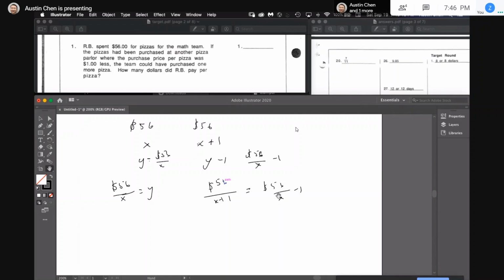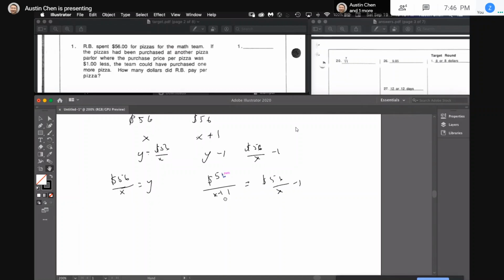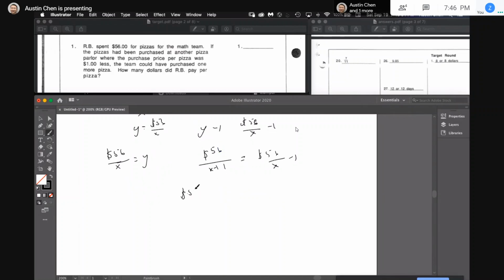Now, is this a good way to do it? Let's just try solving it this way. So multiply by X plus 1 on both sides. Okay, and then we need to expand it.